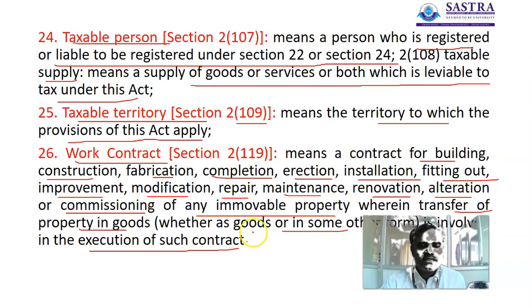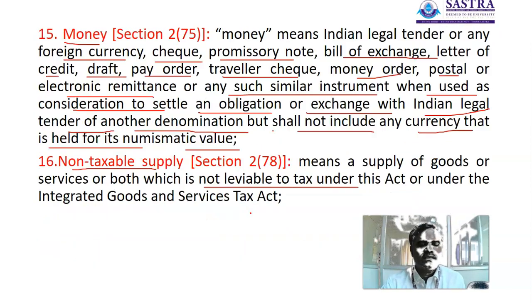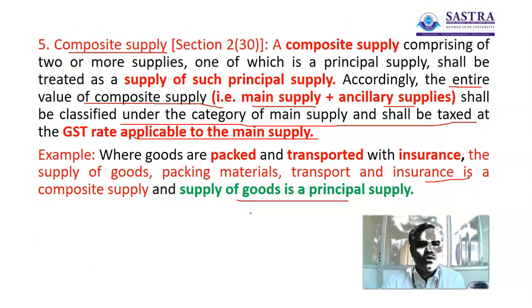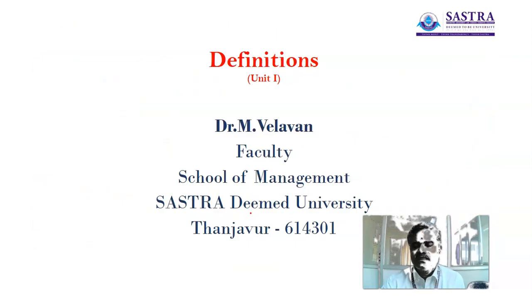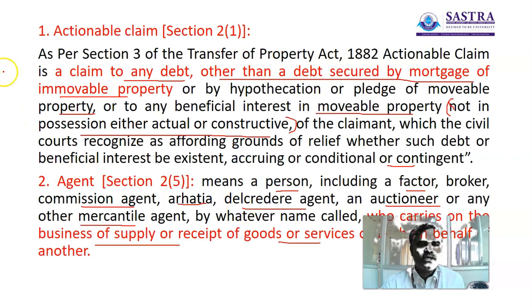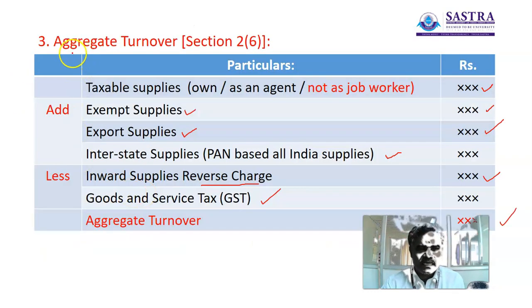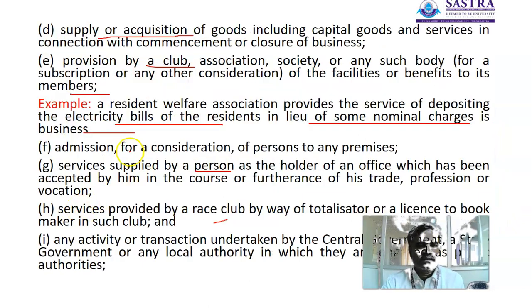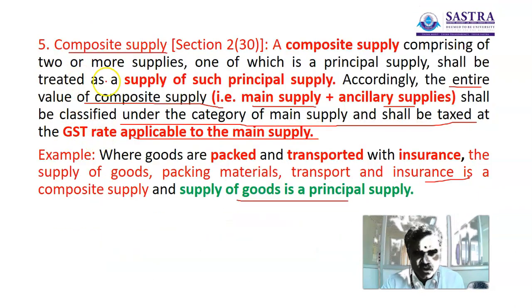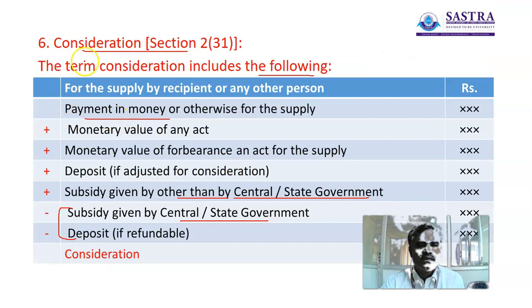So, my dear students, these are all the definitions you have to know before going into an in-depth study of GST. One is actionable claim, agent, aggregate turnover. This is very, very important. Already I told you. Then business and composite supply. Consideration, the most important one.